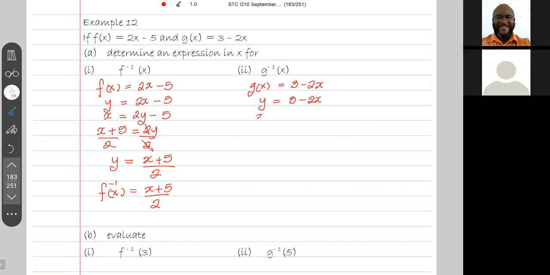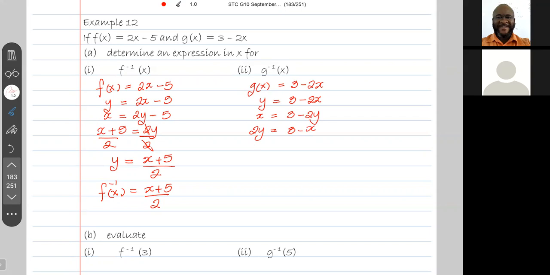So x is equal to 3 minus 2y. Now, step 3 is to make y the subject again. All right, so my negative 2y comes over to the left and becomes positive 2y is equal to 3 minus x. That's what I have so far.